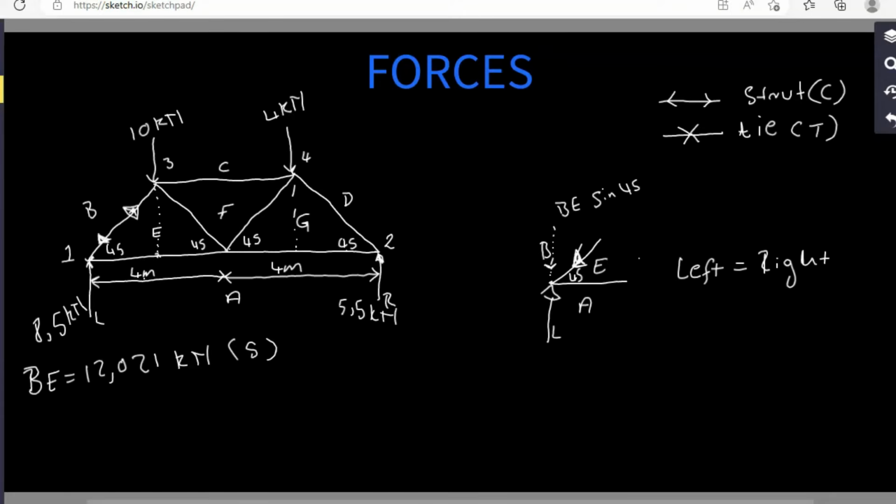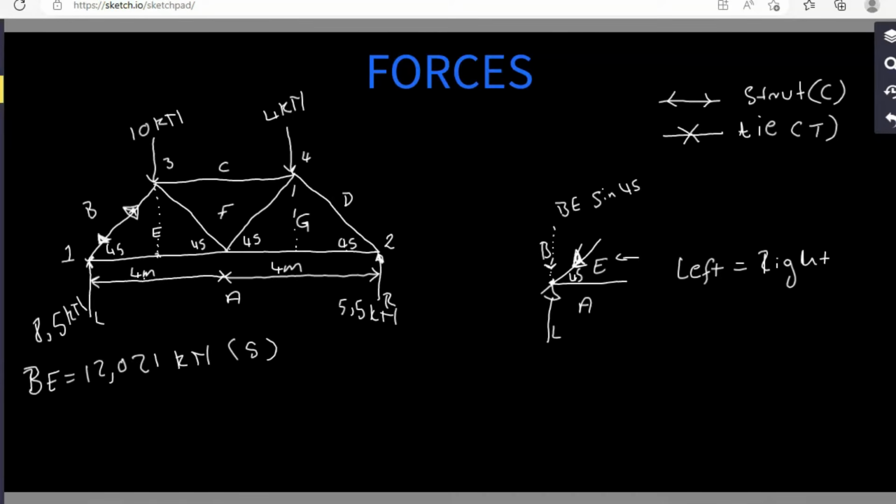The horizontal component will be in that direction because the original force is pointing towards this point. Therefore, the component must also point towards this point. We know how to get those directions. So since this one is pointing to the left, we need to choose a direction for AE that seems to be balancing the forces. So since this one is going to the left, we're going to say AE is going to the right.